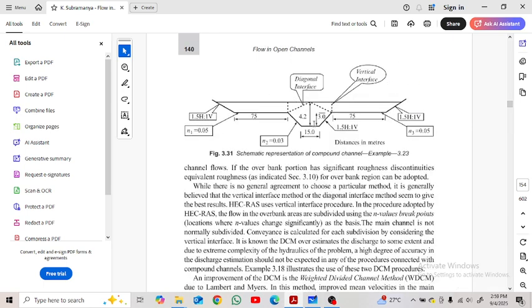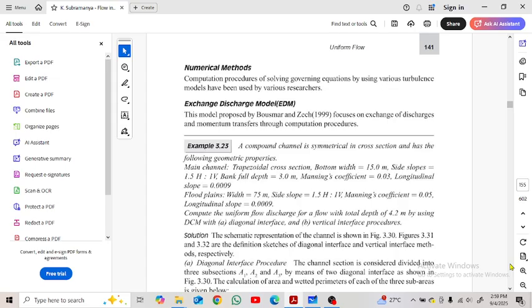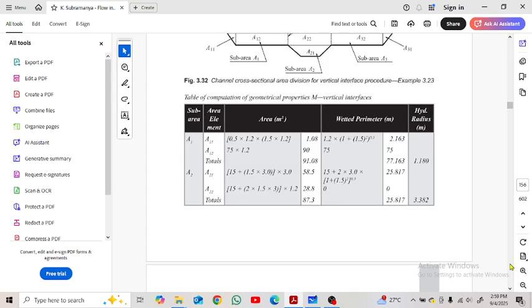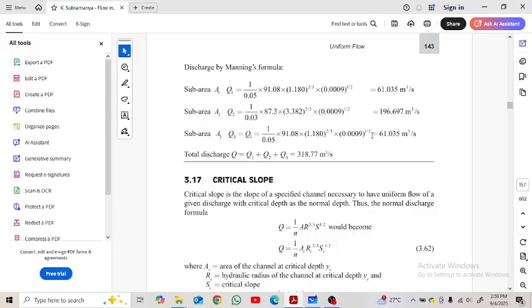I'm telling you this question, and I must take you to the unsolved examples where you can see that question in which you have to get the Manning's N, and then later on you can calculate the discharge. You look at this question. In this question, you deal with different Q1, Q2, Q3, using the different Manning's roughness, and getting the discharge.